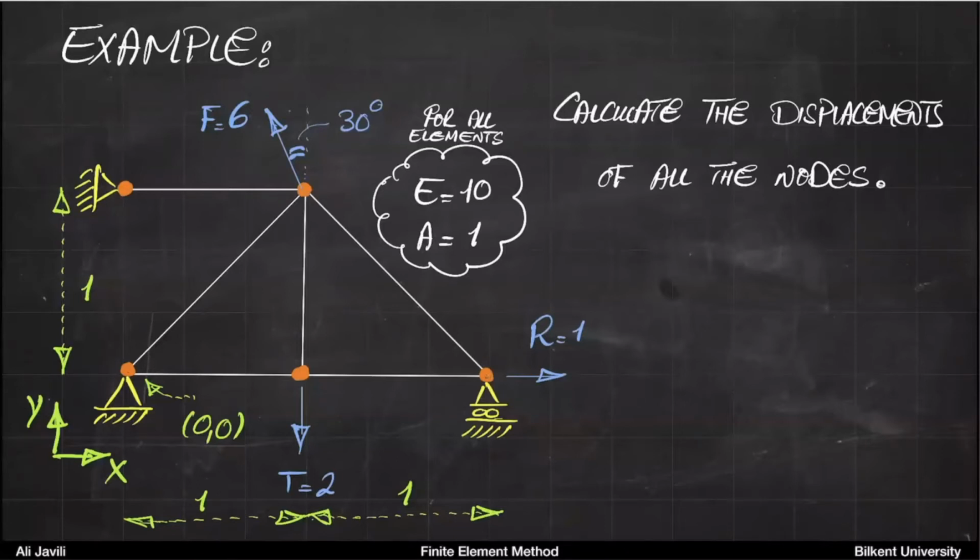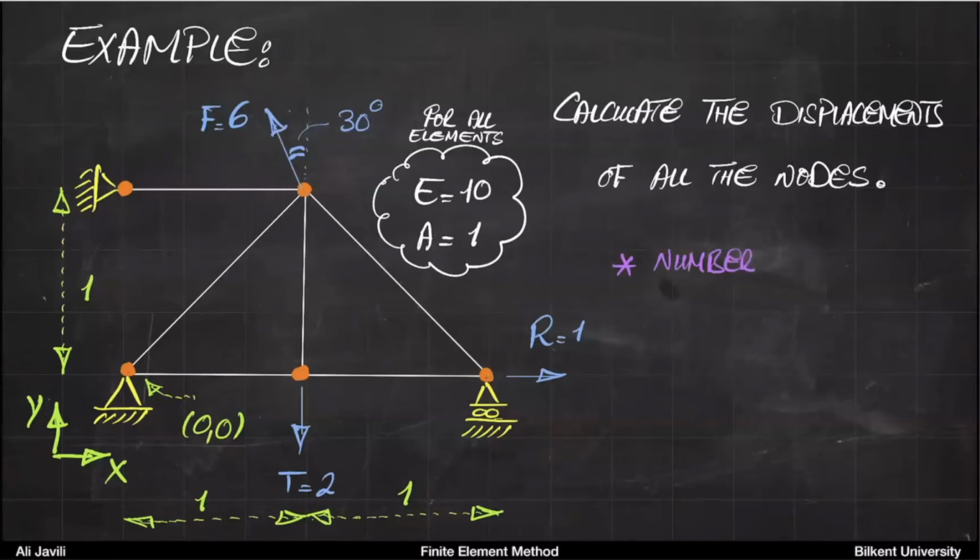Is this clear? Good. So the process is exactly as we talked about previously. You should go through your typical steps. You need to create your node list and element list.